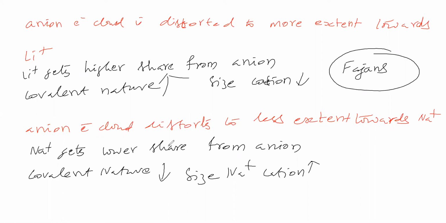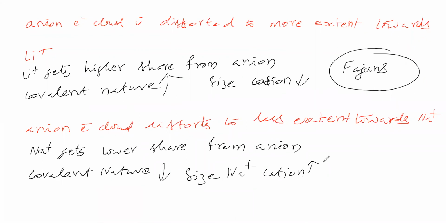This is Fajans' rule. Covalent nature decreasing indirectly means ionic nature increases. Therefore, between Li plus and Na plus, Li plus has higher covalent nature, and Na plus has higher ionic nature.